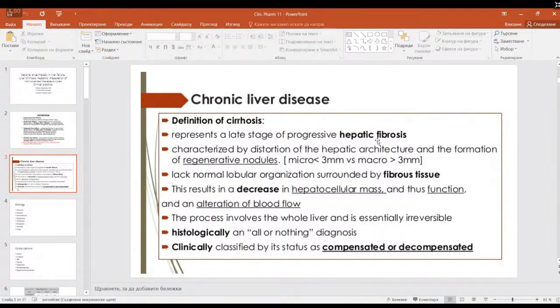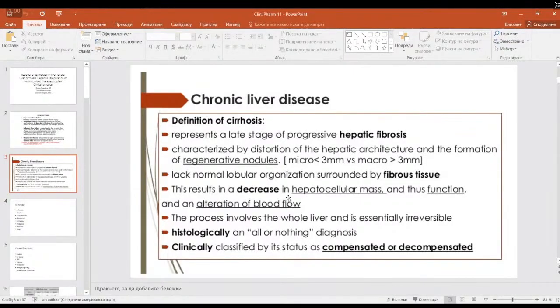And this is very typical of cirrhosis. Another thing that happens is that we have a decrease in hepatocellular mass in the liver. This is something that is expected to happen due to the fibrosis.